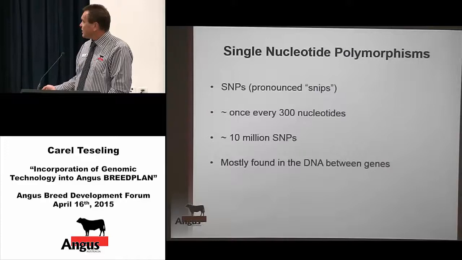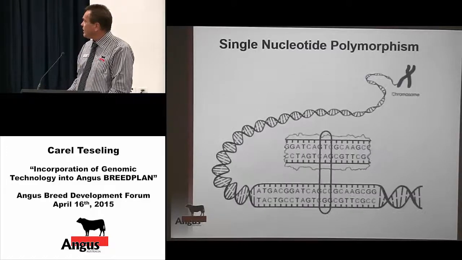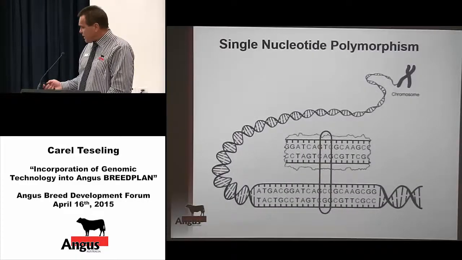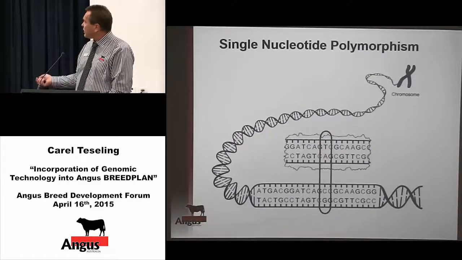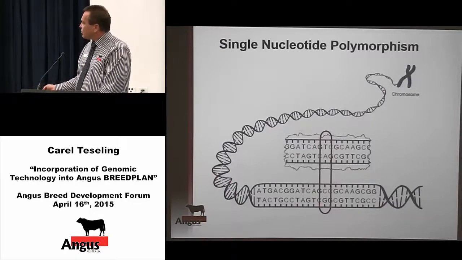Okay, so that's just a quick rundown on SNPs. To explain that, you have your chromosome, you have your DNA, and if this is your normal one, what's happening here is that all of a sudden this base pair got replaced by that base pair there.